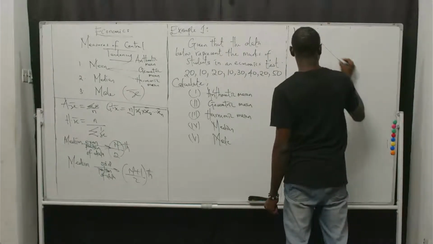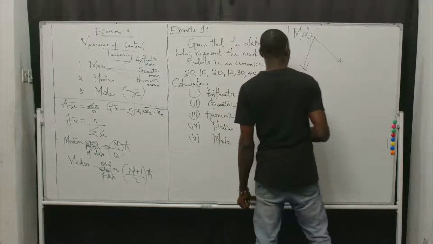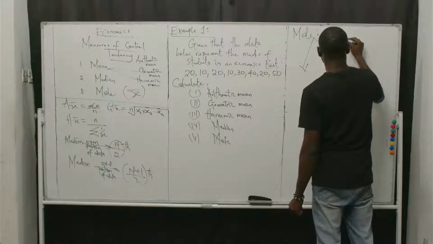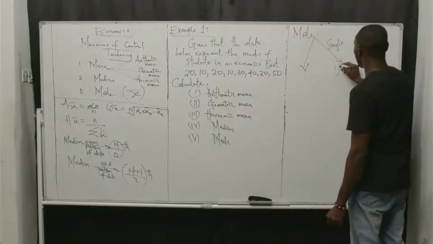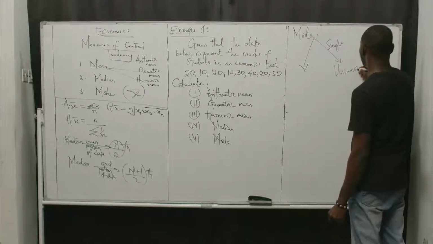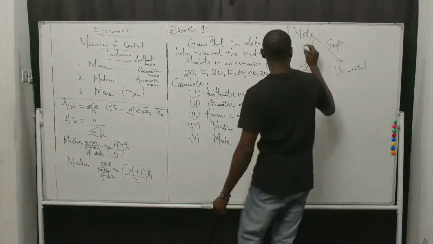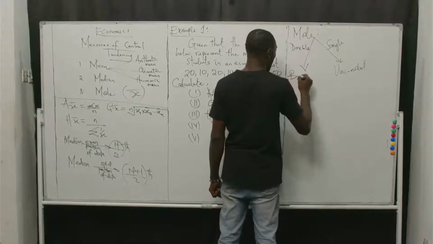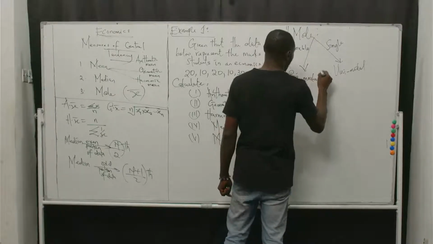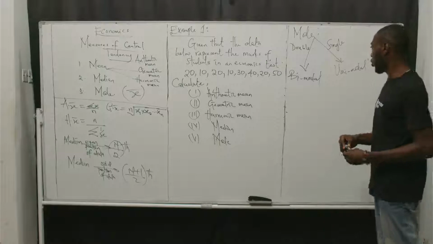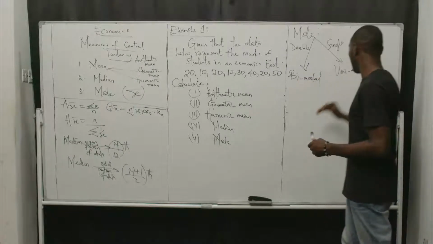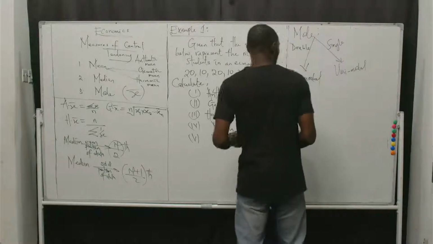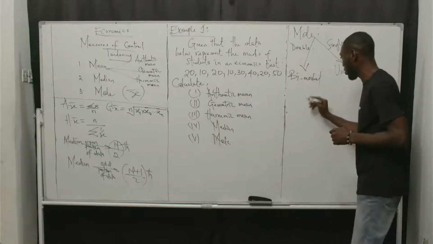I usually like diagrammatic expression. Here I have single. If my mode is single, it becomes unimodal. And if I have 2 modes, or double mode, I call it bimodal. It's as simple as that. So don't forget you can have bimodal, you can have unimodal.